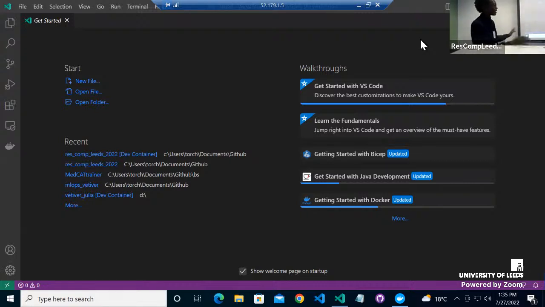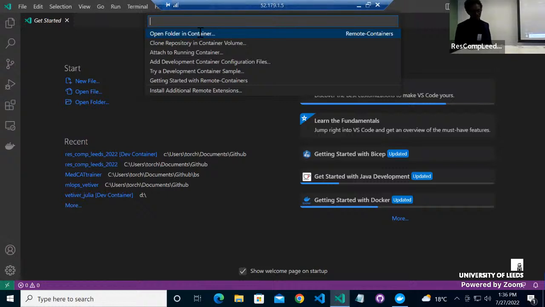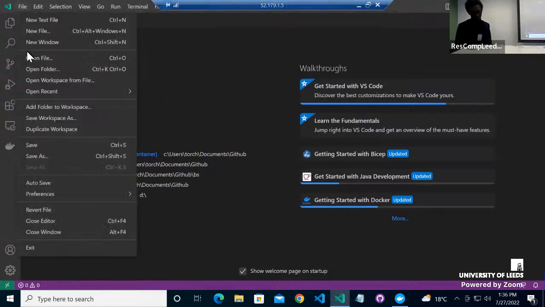I don't have R or Python or anything installed, but I've already set up the dev container that I just described, which has R and Python and VS Code and everything. So how will we launch this? We'll just have to launch our VS Code and come in here and open a folder, the folder that has the dev container.